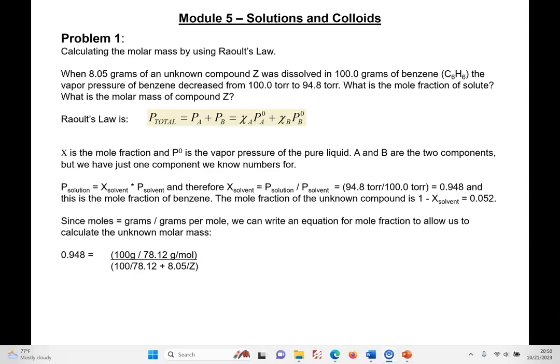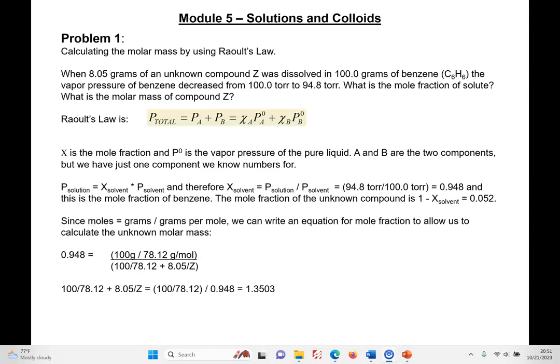And then in the denominator, we've got to come up with the number of total moles. Well, that's 100 divided by 78.12 for the benzene, plus our mystery compound, compound Z. We know how much we have, 8.05, so our number of moles would be 8.05 divided by Z, the molar mass.